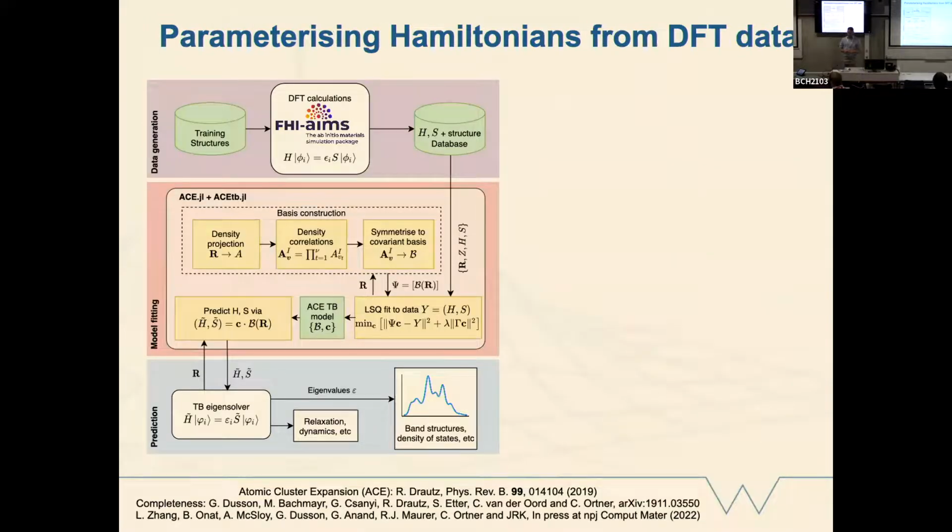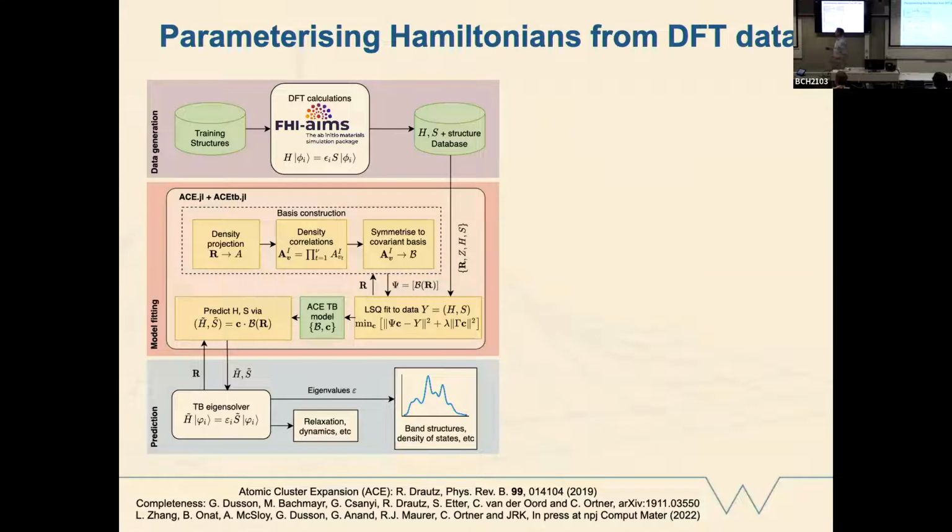One or two slides briefly on something that Christoph mentioned yesterday, on parameterizing Hamiltonians directly from DFT data. This is work with a large collaboration involving Christoph and Reinhard Maurer's groups, and also Genevieve, who's with us, amongst others. I think Liwei is probably online as well, who was a driving force behind this work in the end.